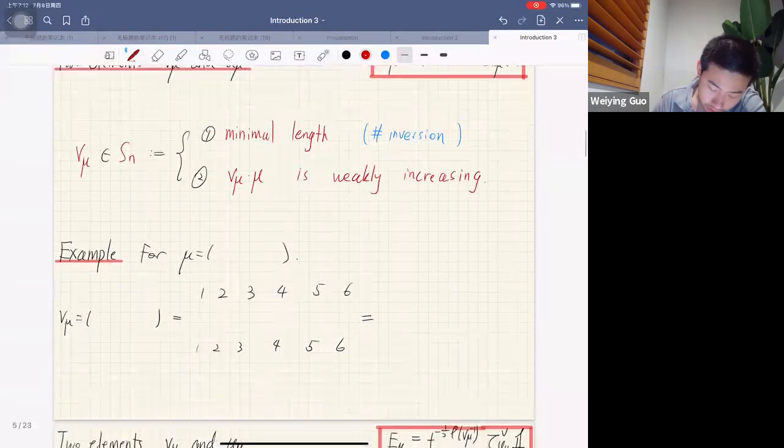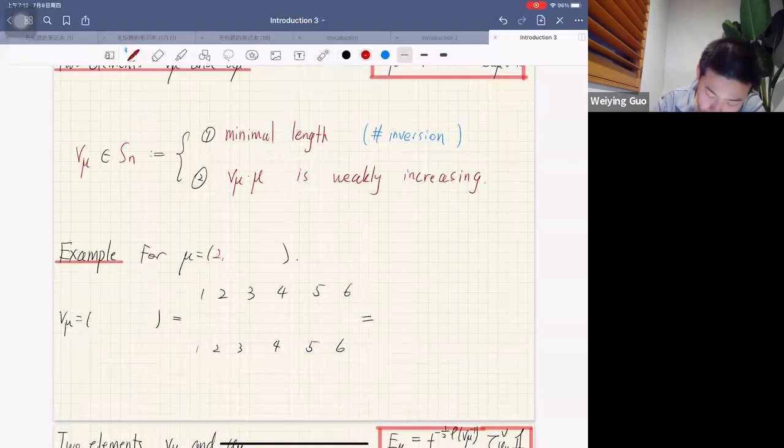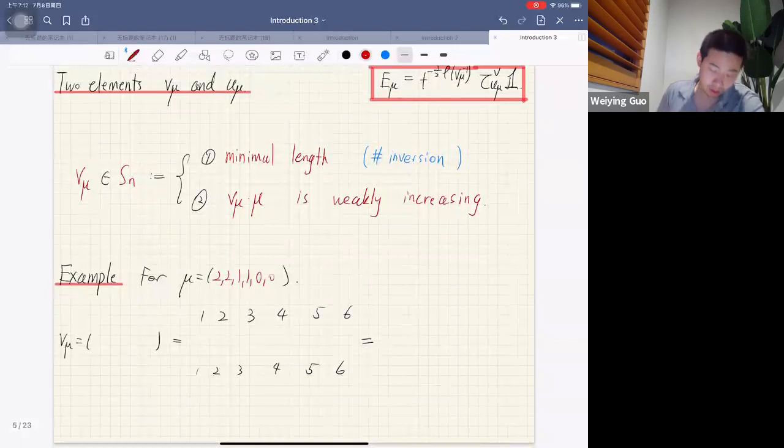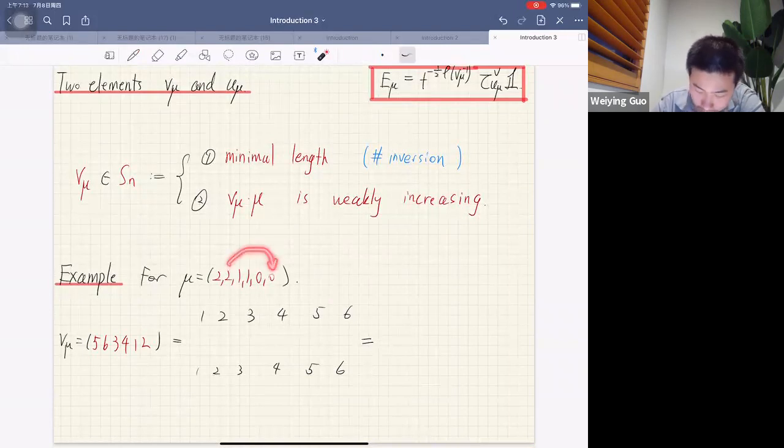So let's see an example for mu equals 2, 1, 1, 0, 0. We have v mu is basically 5, 6, 3, 4, 1, 2 in one-line notation. So we send the second 2 to the 6th position and the first 2 to the 5th, and we keep those ones at the same, and we will obtain a permutation in one-line notation.